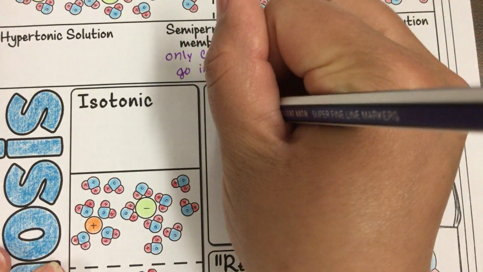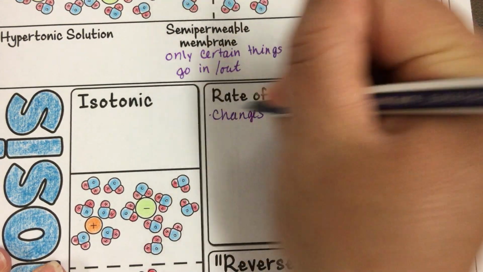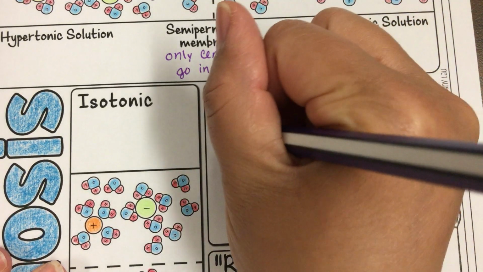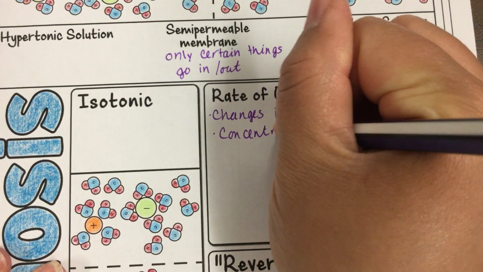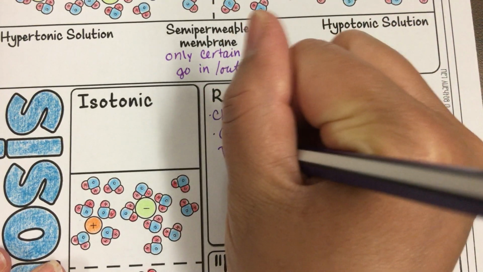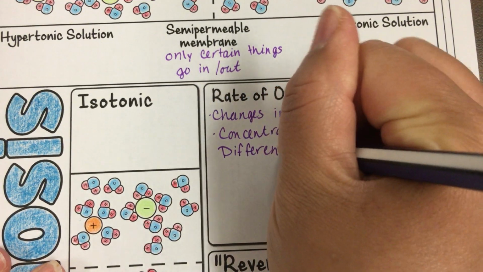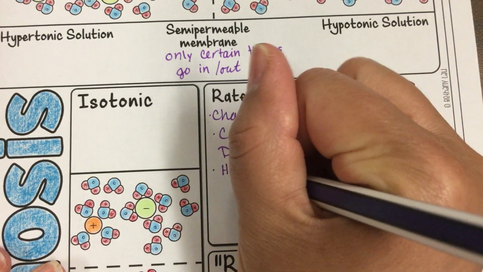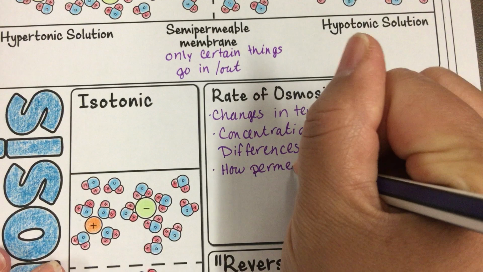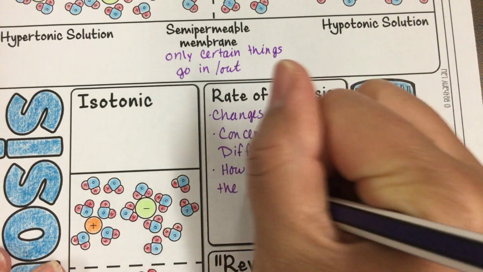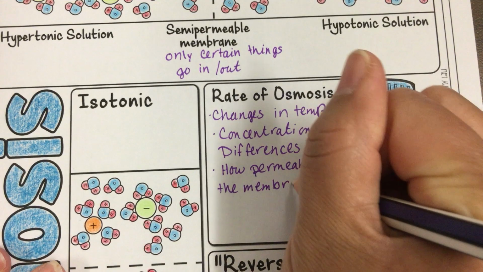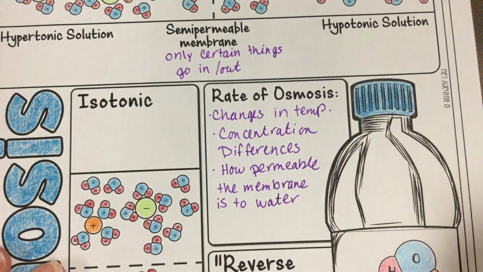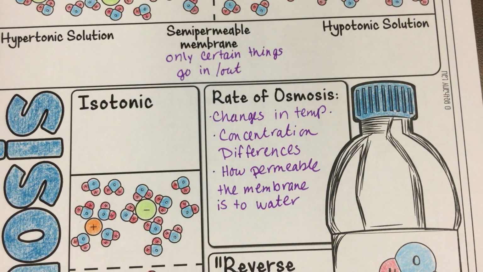So changes in temperature, concentration differences, and surprisingly, how permeable the membrane is to water. All right, so we're actually going to talk about that on our next diagram.